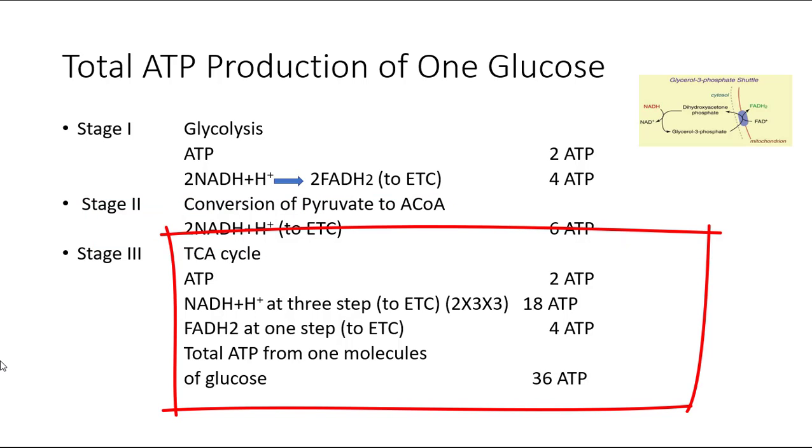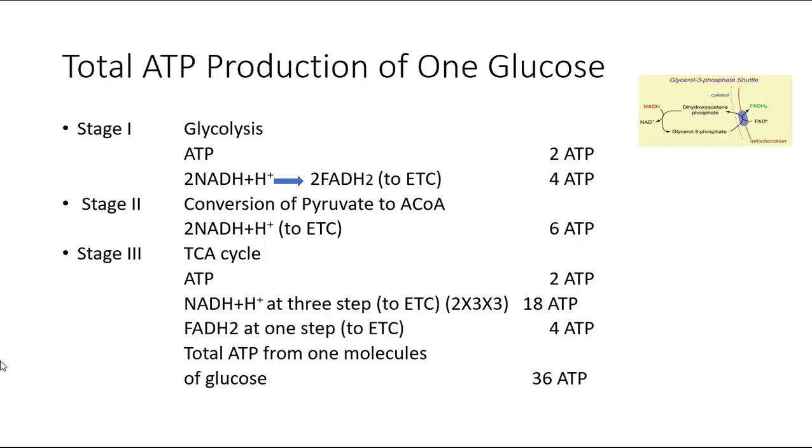TCA cycle, stage 3. When calculating the total ATP in the TCA cycle, you should remember that there are two acetyl coenzyme A molecules. ATP is made in one place in the TCA cycle, and with 2 turns of the cycle, the ATP yield is 2.